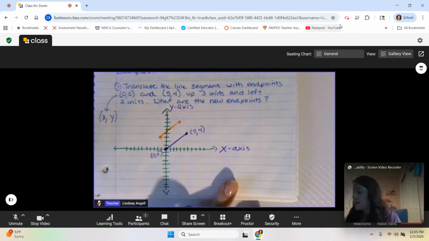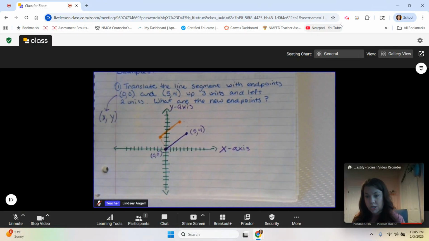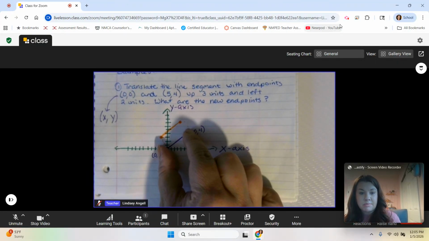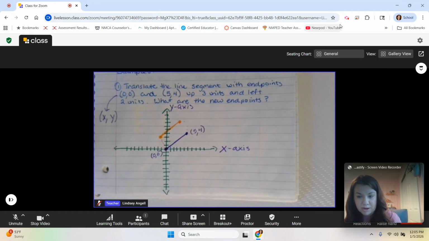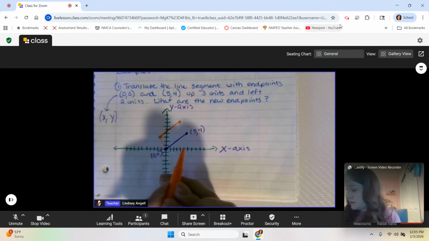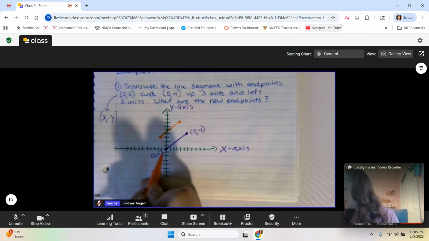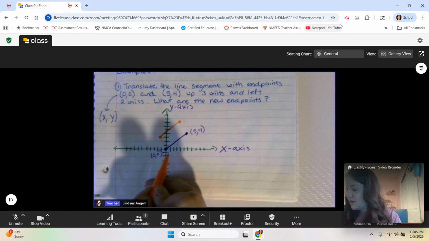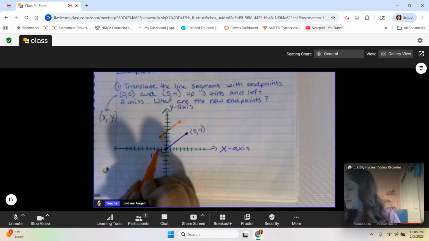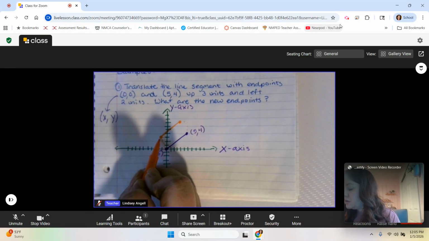Notice all I did was translate it, which when we were looking at our definitions, that means we slide it. So that's all I did. I took this one and I went, boop, just slid it right over there. Okay? But now we need to track, well, what are the new endpoints? So for this one, my new x value is -2, okay?